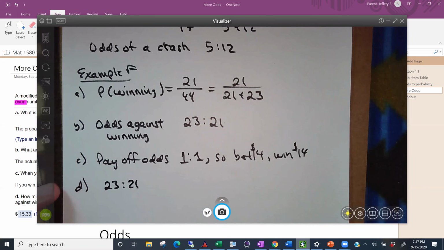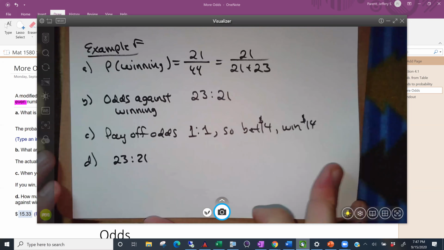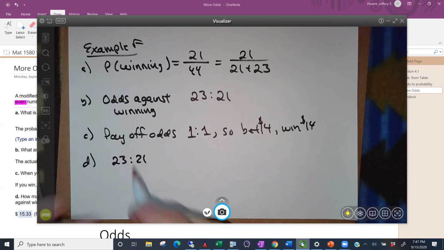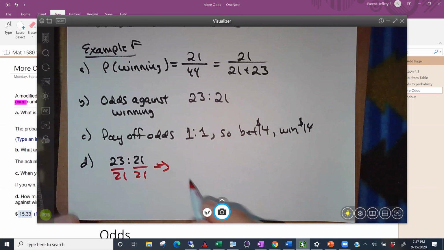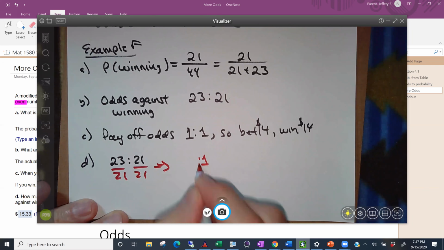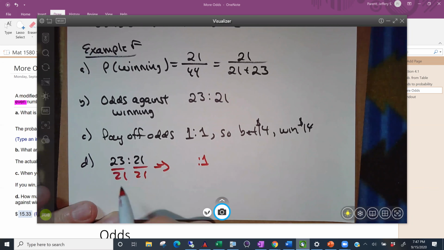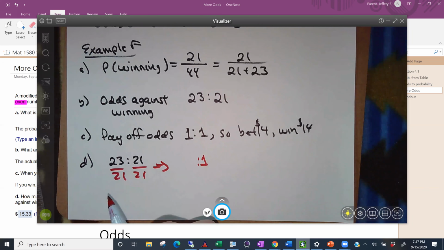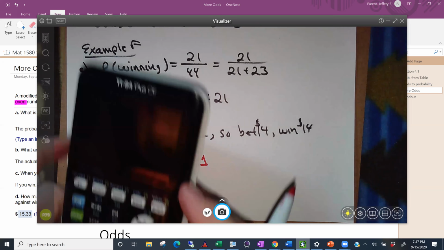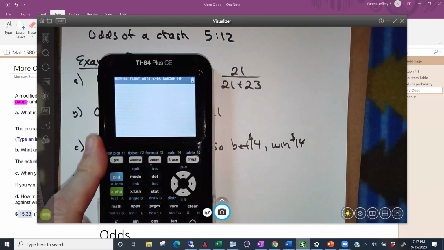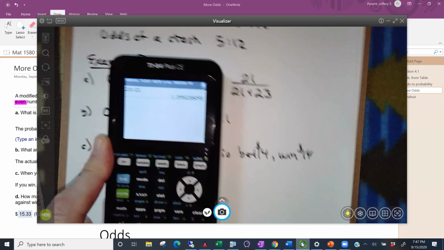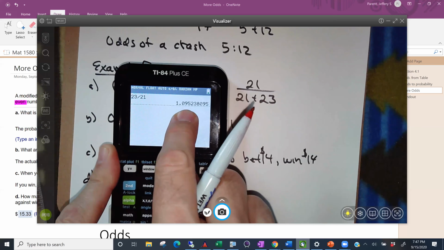To understand that a little bit better, let me divide each side by 21. For every dollar we bet, 23 divided by 21, I think it's about $1.09. Let me just check that. Yeah, about 1.095.